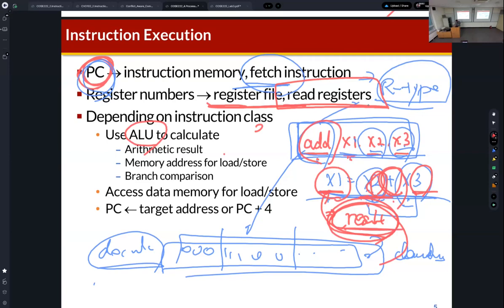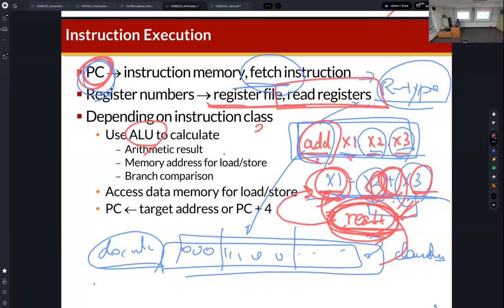So the result is generated by the ALU, the execution unit of the hardware. Then this result needs to be stored in the register. These are the required steps for executing an instruction.